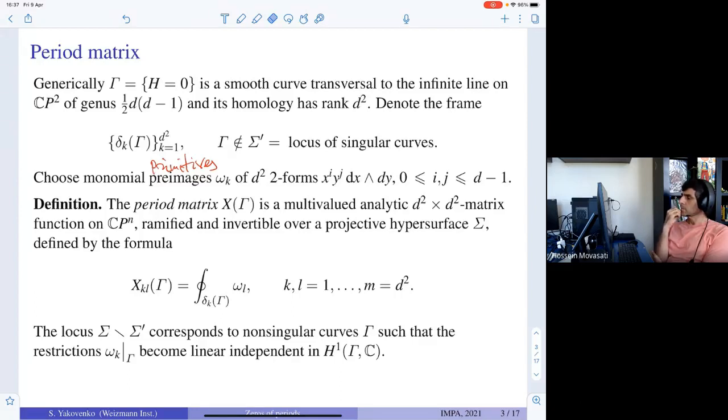So we have an equal number of cycles and forms, and then we can form the period matrix, which is a multivalued analytic d square times d square matrix function on CPN, on the space of all algebraic curves, which is ramified and invertible over some projective hypersurface, a divisor, which corresponds to bad curves, or rather bad configurations, bad pairs gamma, delta.